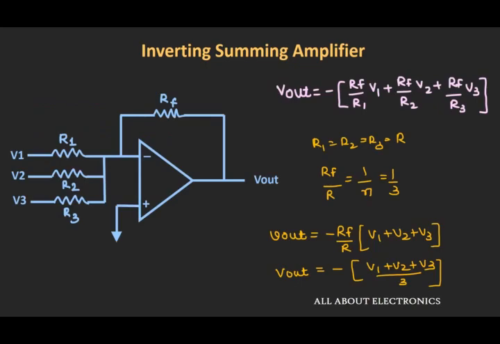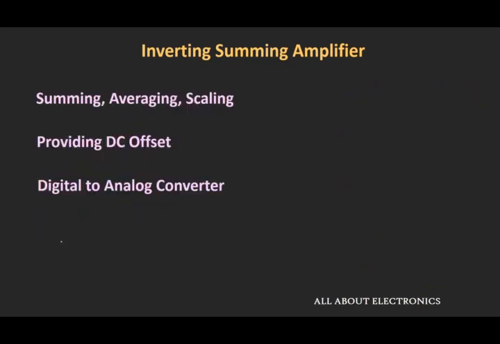Suppose your input voltages are AC signals, or coming from some sensor, and you want to apply some DC offset, then using this configuration we can apply a DC offset to the incoming signals. Likewise, this inverting summing amplifier can also be used for digital to analog conversion, and for mixing different audio signals. So these are the different applications in which this summing amplifier can be used.